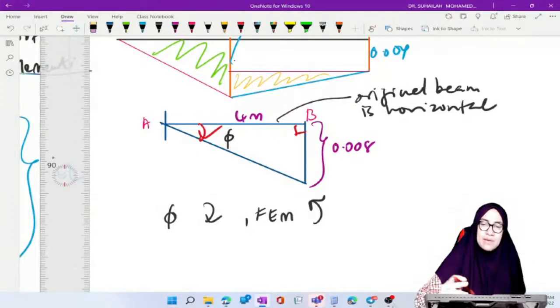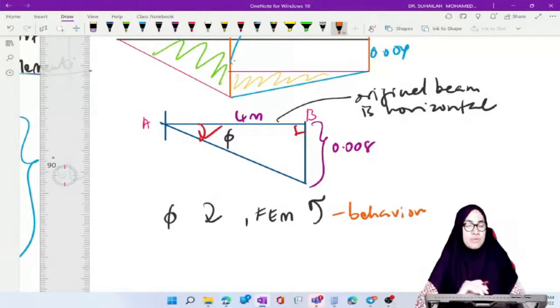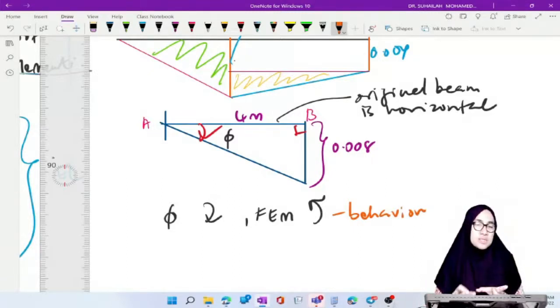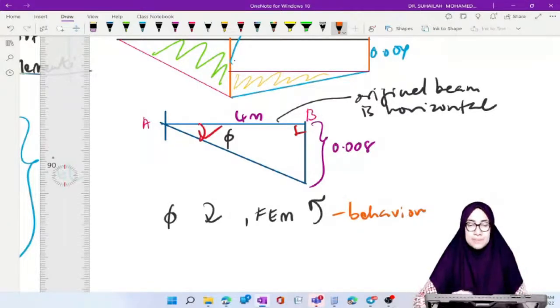The relationship between delta and FEM is the opposite condition. Just remember this condition.